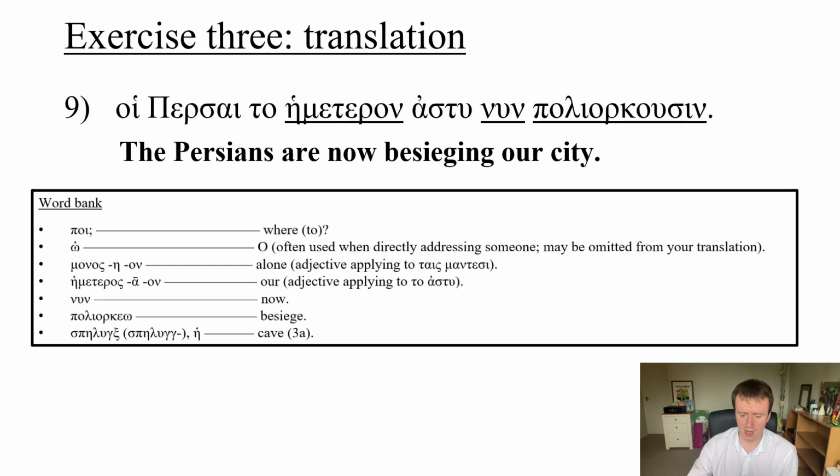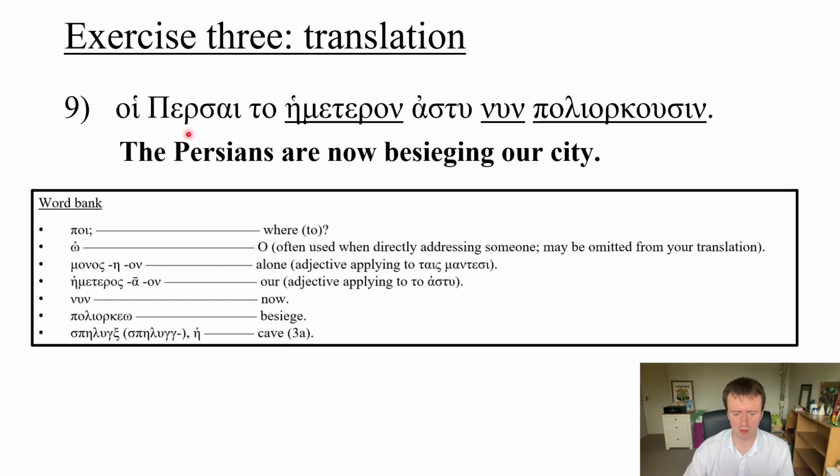Hemeteros means our. Here it's hemeteron because adjectives do change their endings to agree with, that is, match the noun that they describe in terms of gender, case, and number. We shall talk more about that later on. But anyway, we know that it applies to astiu here because it is sandwiched in between to and astiu. That's one way we can know that it applies to astiu.